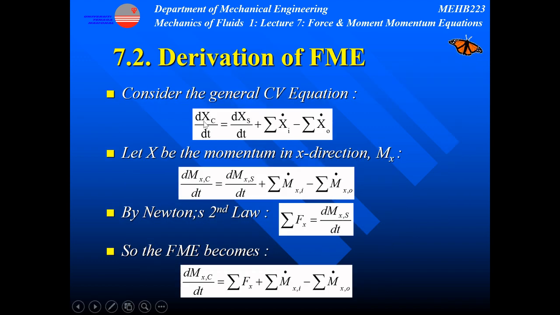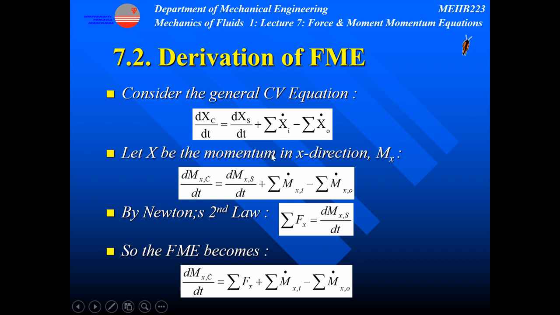So this is the general Reynolds transport equation. Then I replaced X with M, mass, and I got the mass conservation equation. Now, in this lecture, I will replace this X with momentum.